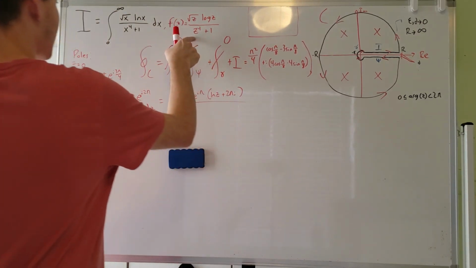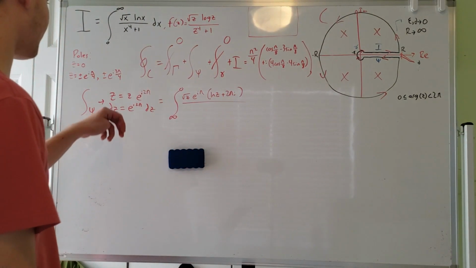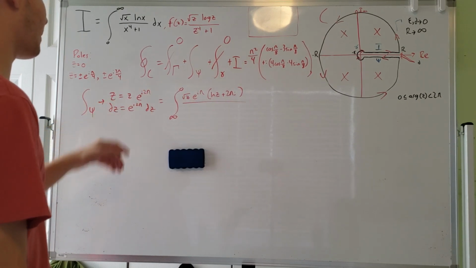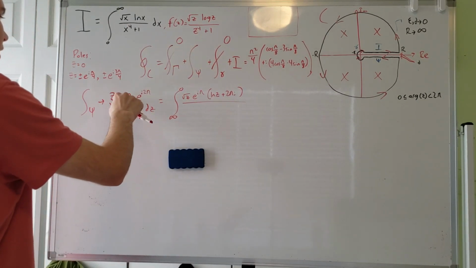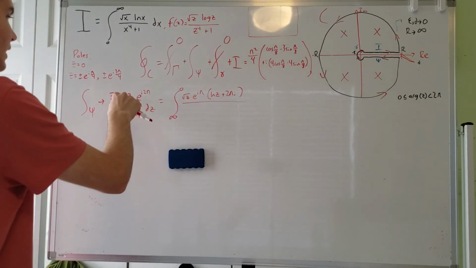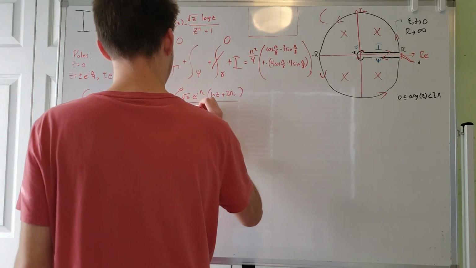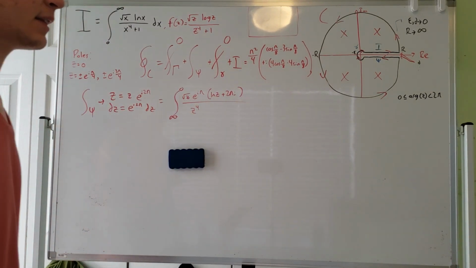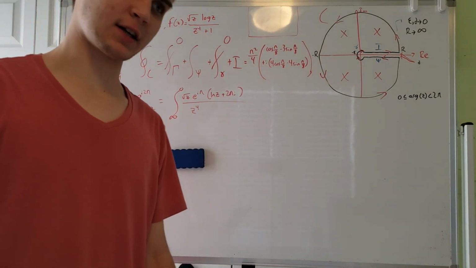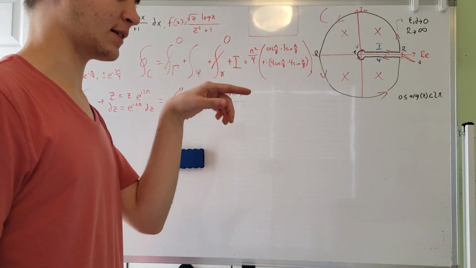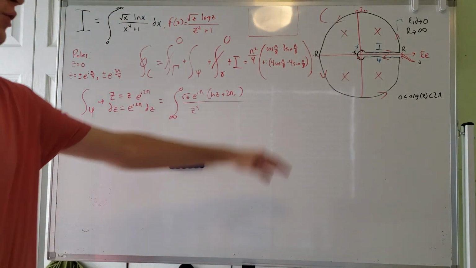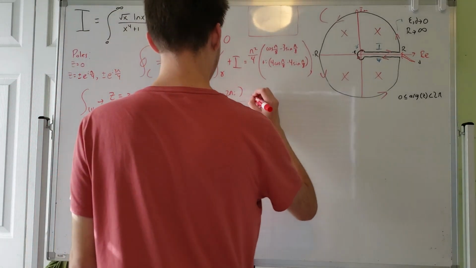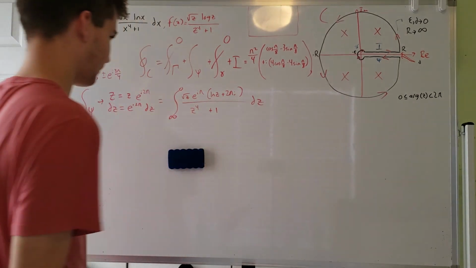And z to the 4th, keep in mind this is essentially just a 1. When we raise this to the power of 4, we'll get e to the i 8 pi, which is still just 1, because it's just 4 rotations back to the original starting point, so we just get a plus 1 here, and then this is our new dz.